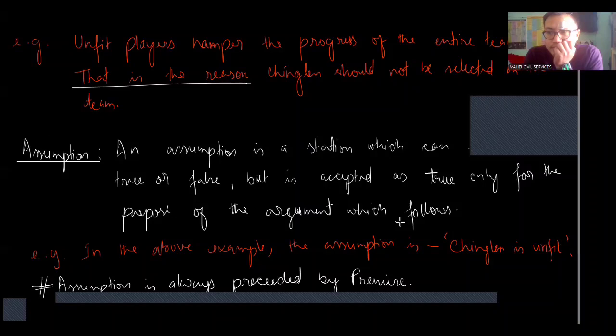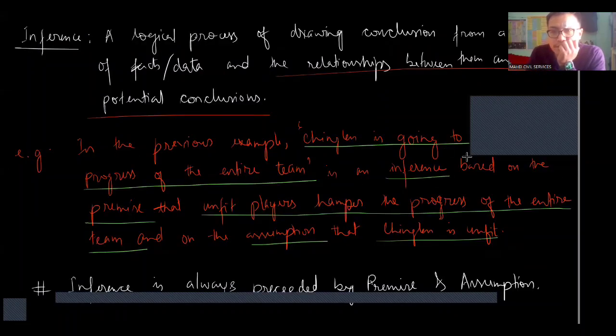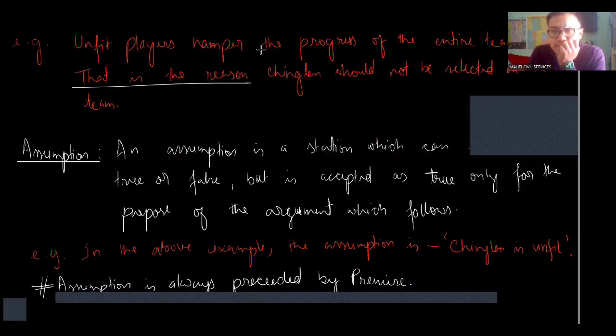Suppose the question says Chinglen should not be selected in the team. The inference is not that, but unfit players should not be selected.